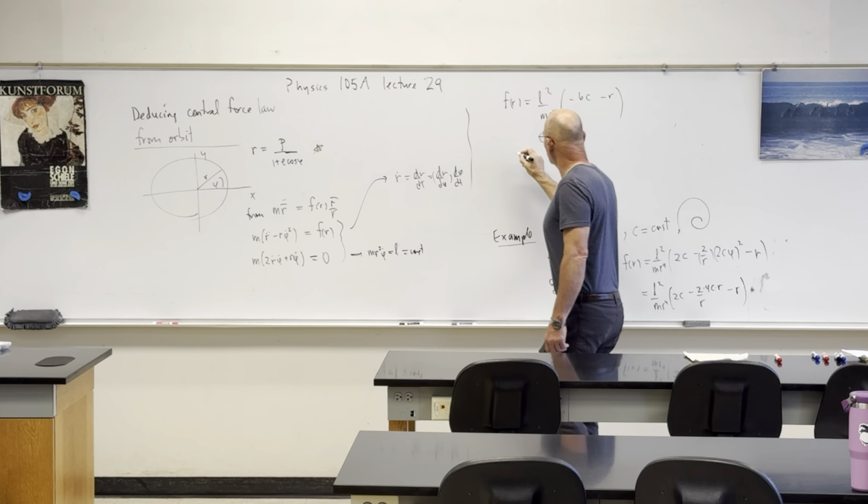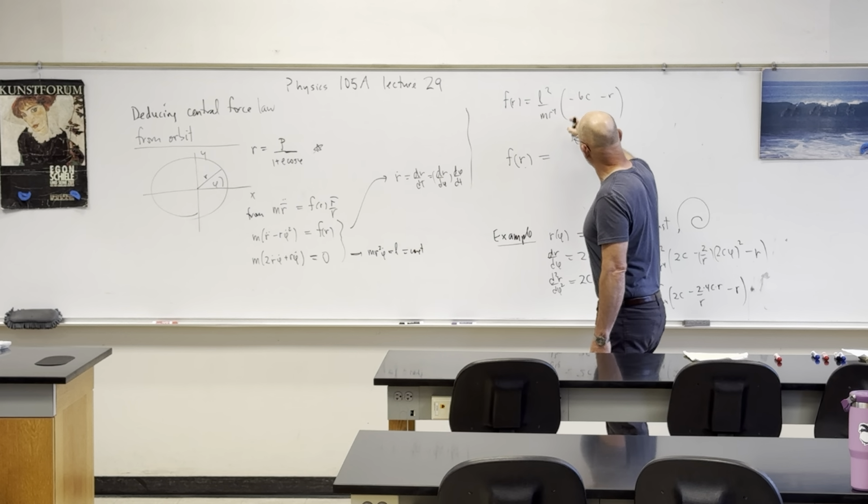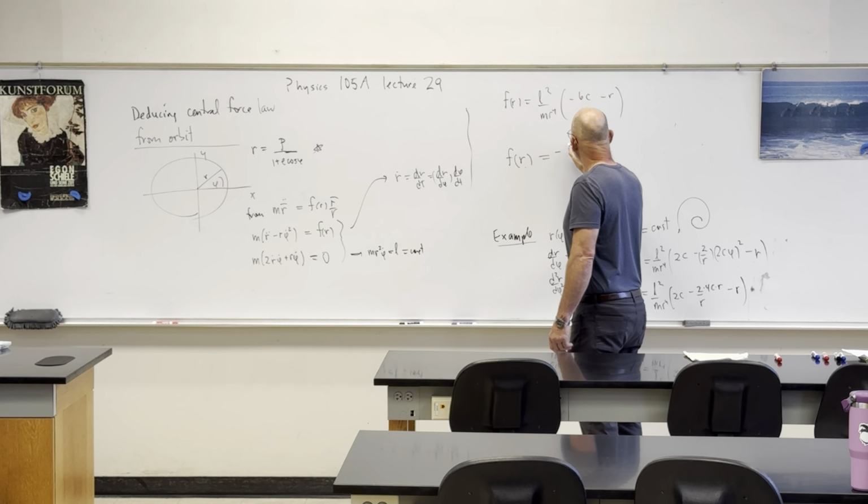To finish this up, look at our force law. We'll keep these minus signs out front. So we have minus 6c L squared over m r to the 4th, and then minus L squared over m r cubed.